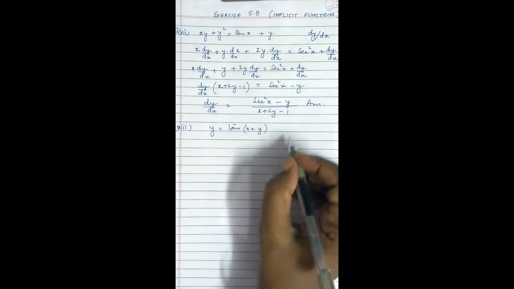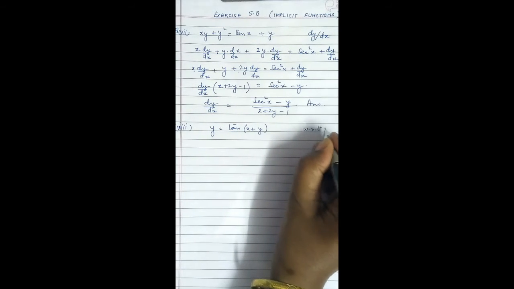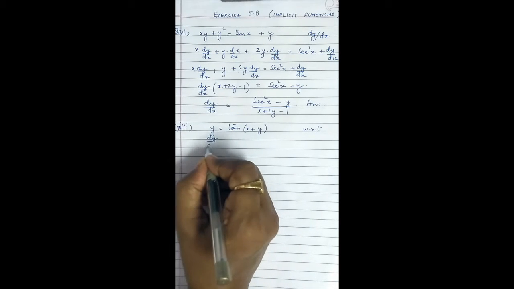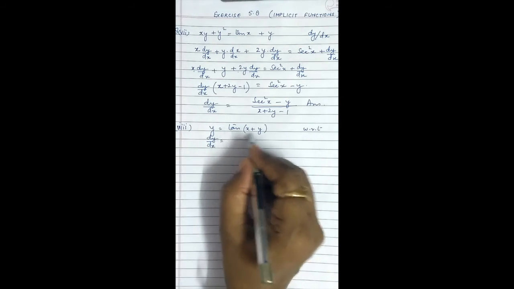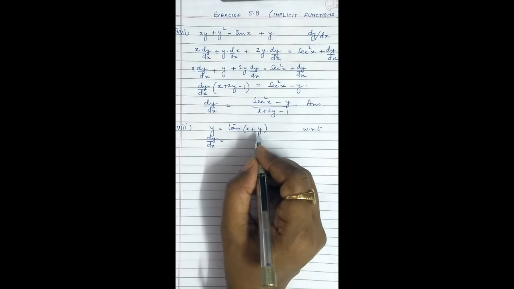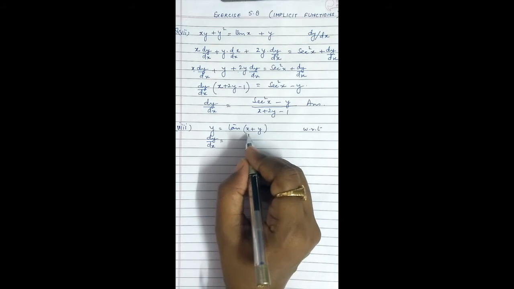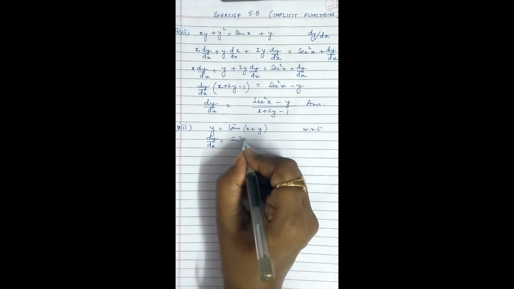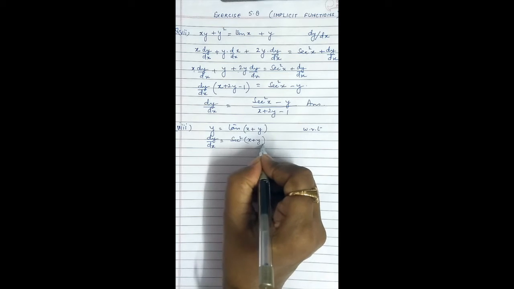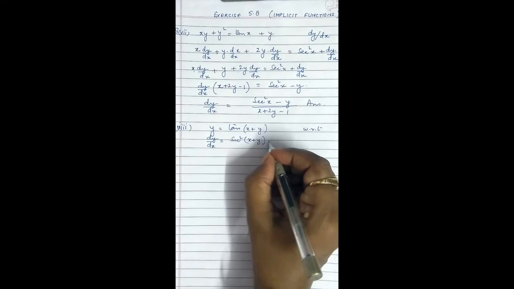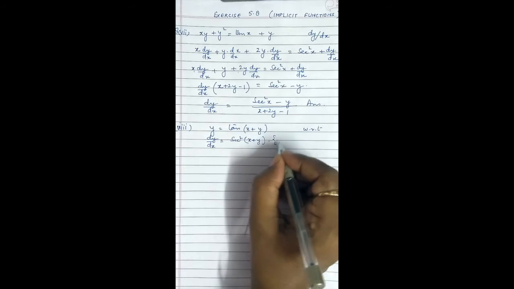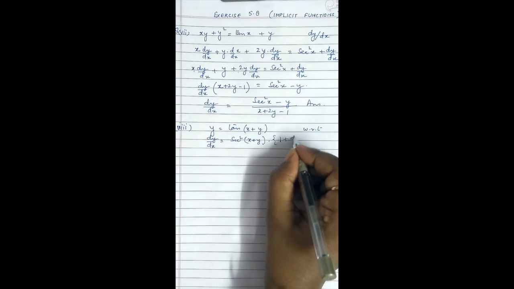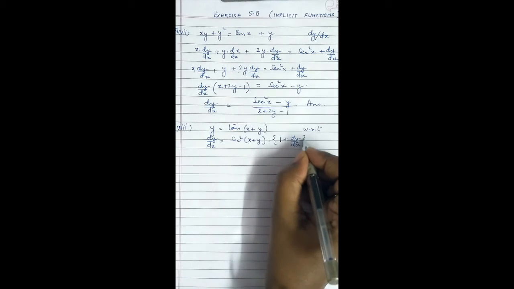So differentiating again with respect to x, I write on this side dy by dx. Now see, this is a composite function being implicit, so I have to take care of many things. Now I start from here. The differentiation of tan would be sec square of x plus y, going inside. The differentiation of x with respect to x is going to give me 1, plus dy by dx.